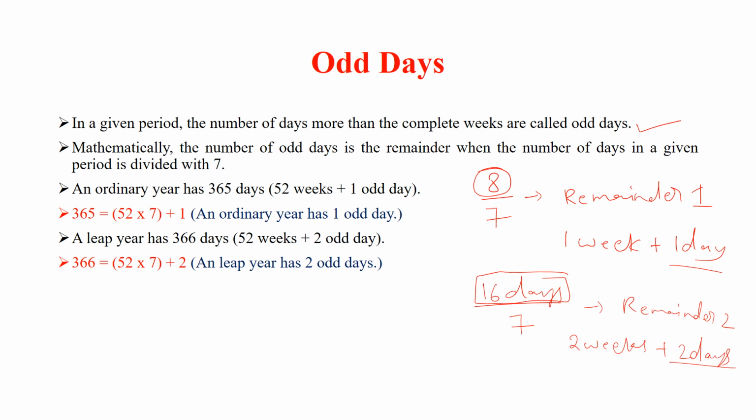The remainder will give you the number of odd days. So now we will count the number of odd days in an ordinary year. In an ordinary year, you have 365 days. If you divide 365 by 7, you will get quotient 52 and remainder 1. It means you have 52 weeks and 1 odd day.